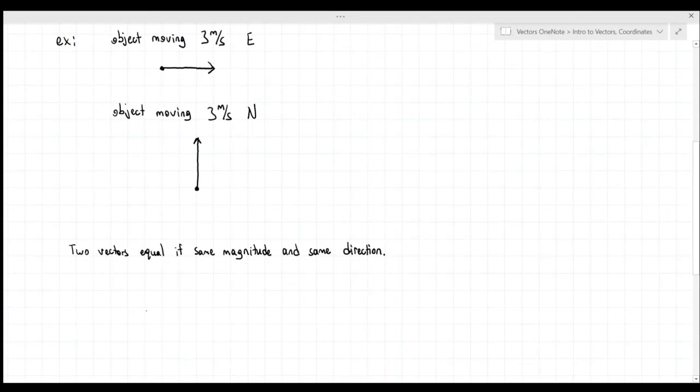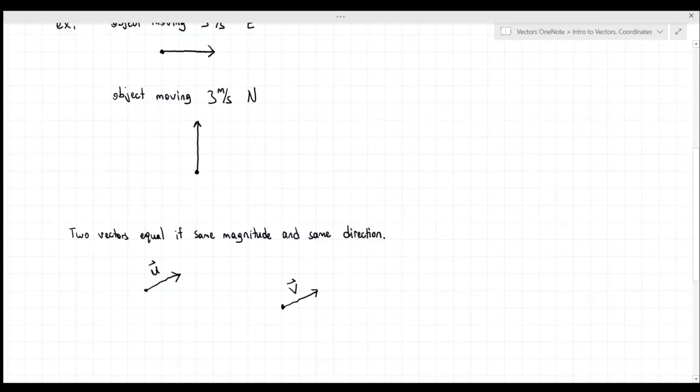All right, but let's say I draw one vector like that, and I'll call this vector u. And then I draw another vector over here, maybe like that, and I call this vector v.